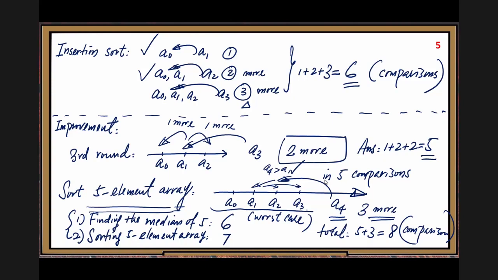That's not efficient. So here, you have to find a more sophisticated way, not the simple way. You can get a 7 comparison solution.